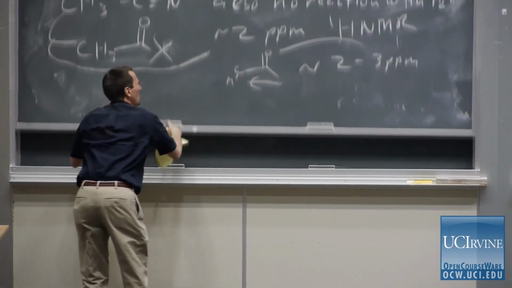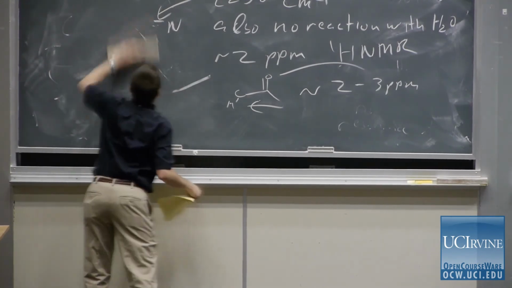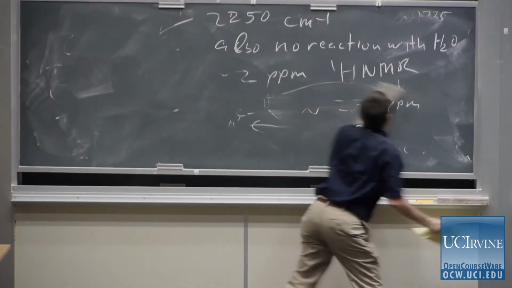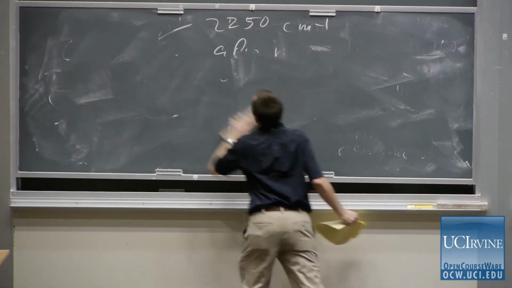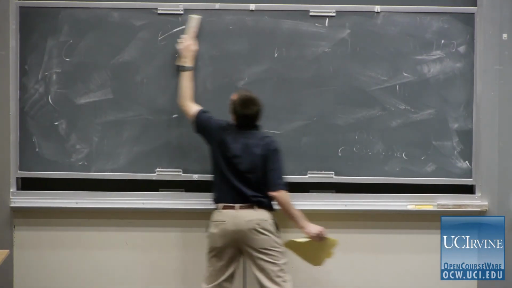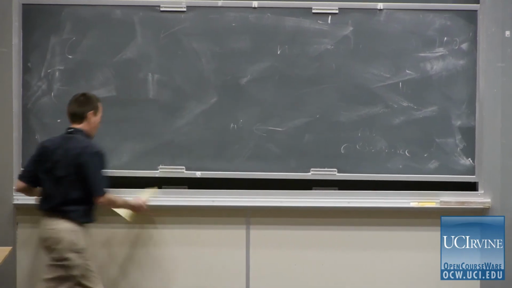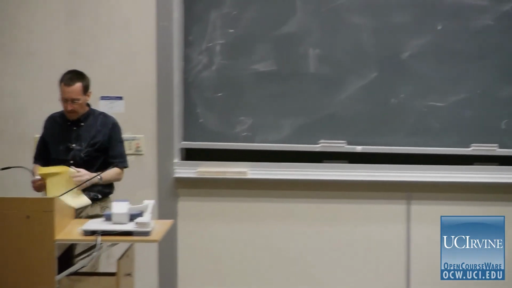All right, so that generalization serves as a framework, and now I want to go on to some specifics and to talk about specific reactions of acid chlorides and acid anhydrides.